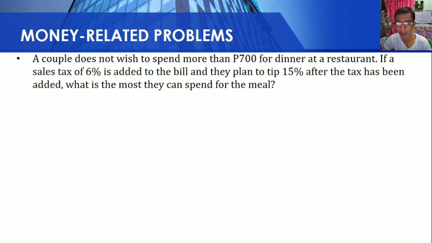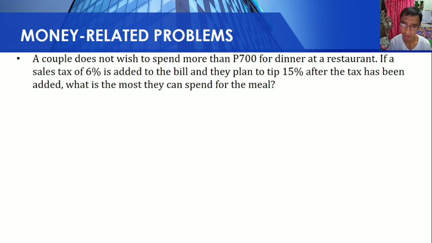So, a couple does not wish to spend more than 700 for dinner at a restaurant. If a sales tax of 6% is added to the bill and they plan to tip 15% after the tax has been added, what is the most they can spend for the meal?